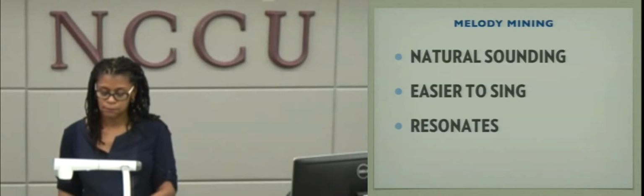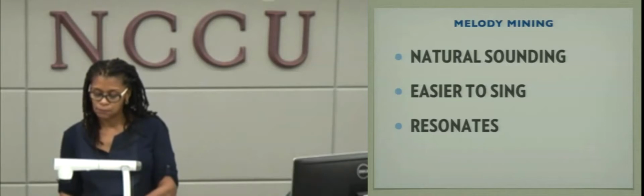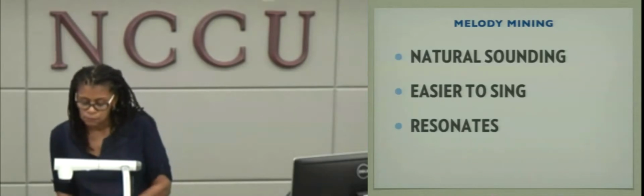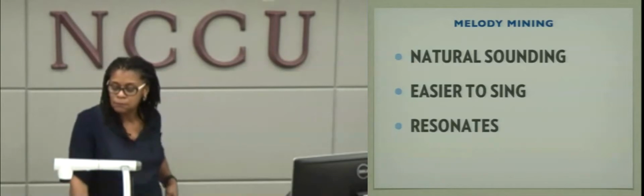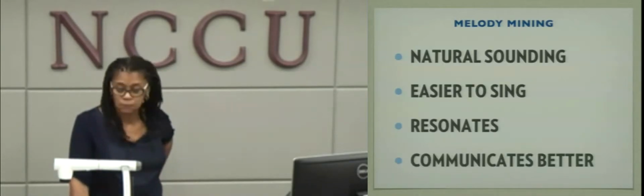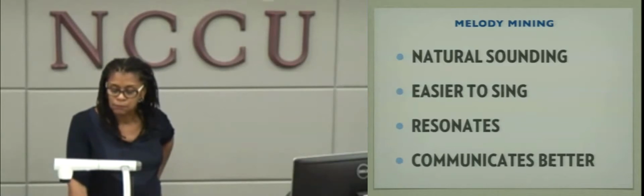It resonates with people. The idea is that you're speaking from your heart, you're saying words that you actually talk about, and you're communicating with someone else. And when they hear a melody that sounds like something that someone says in real life, it's going to sound more natural to someone, and it's probably going to touch them deeper. And again, that communicates better. It sounds like you're actually talking to someone.